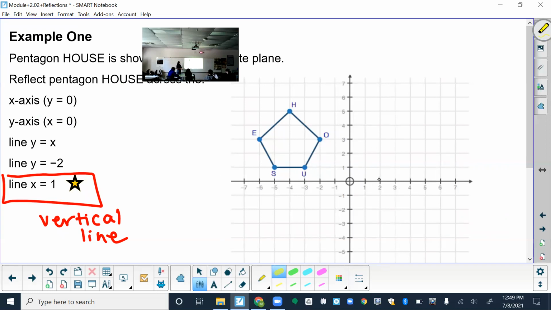I should probably look at my x-axis, find 1, and draw a vertical line through there. That's your line of reflection at x equals 1. So do the same thing we did in the last one. There's no fixed rule. You have to count each point to get that mirror image.